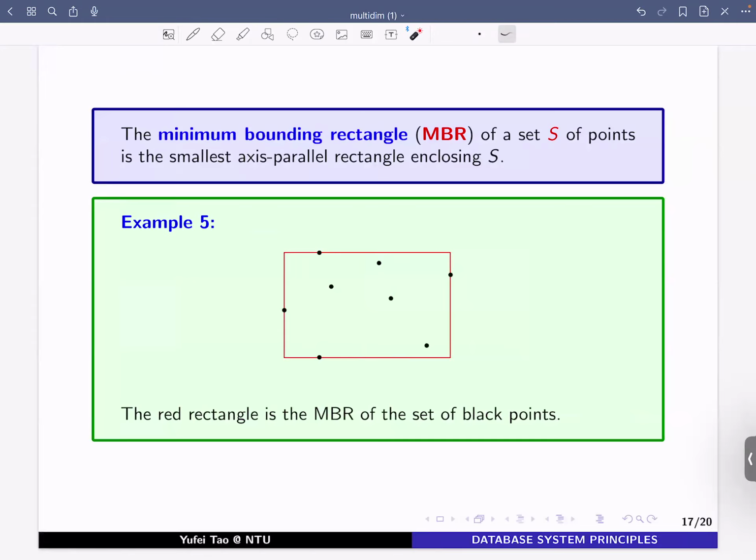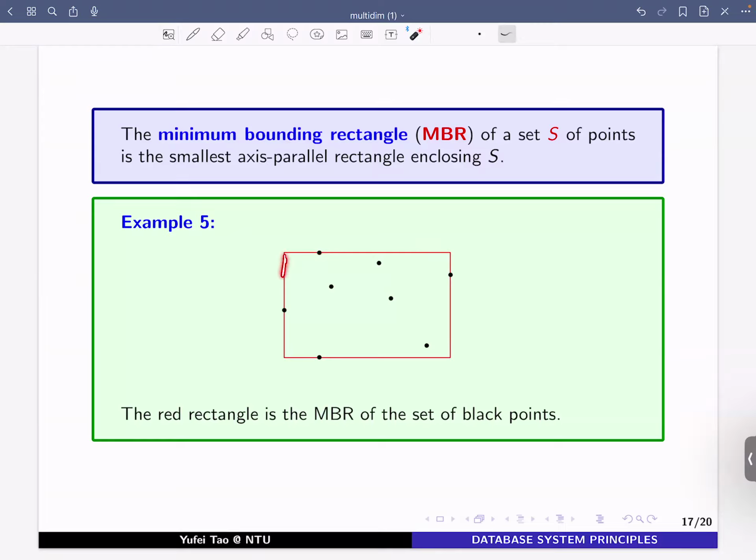Okay, so before we talk about the R tree, one relevant concept is the minimum bounding rectangle. This basically says if I give you a set of points, as you can see the set of black points here, what will be the smallest axis parallel rectangle to cover all these points? So in this case, the answer is this. As you can see, you cannot shrink the rectangle any further, right?